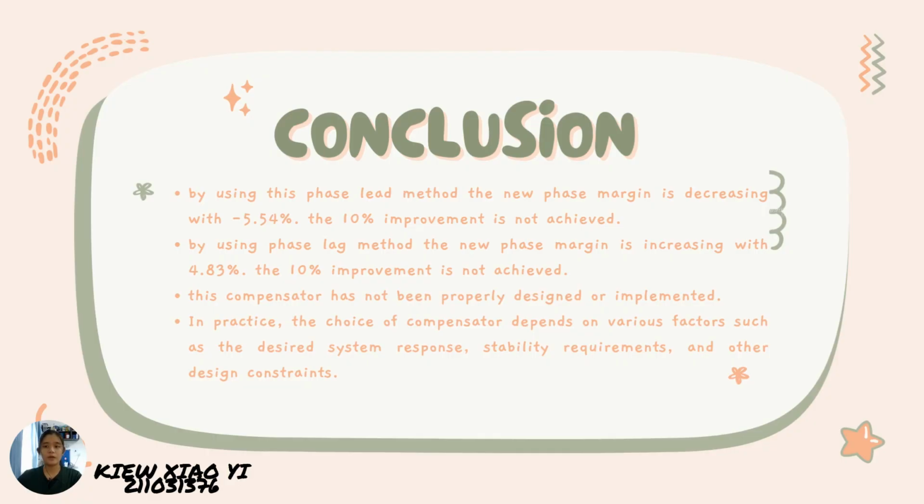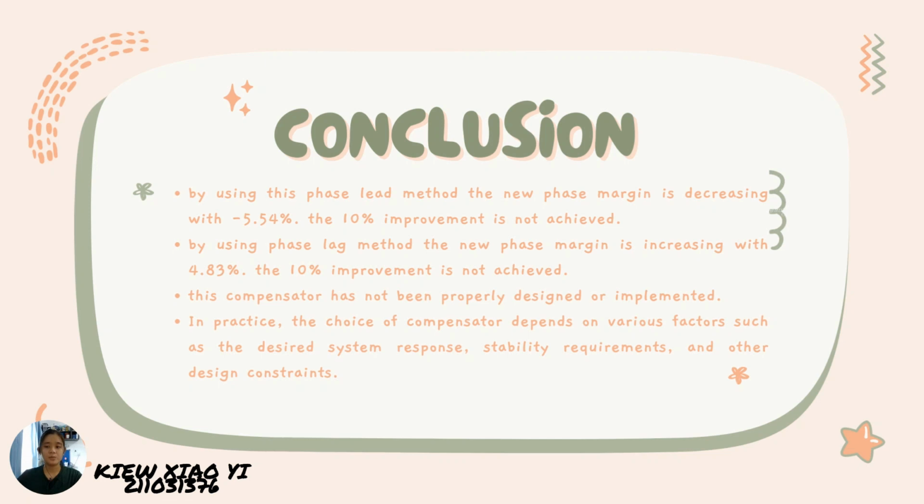Based on our findings in question 3 and question 4, by using the phase lead method, the new phase margin is decreasing by negative 5.54%. As a result, the 10% improvement is not achieved. Then by using the phase lag method, the new phase margin is increasing by 4.83%.